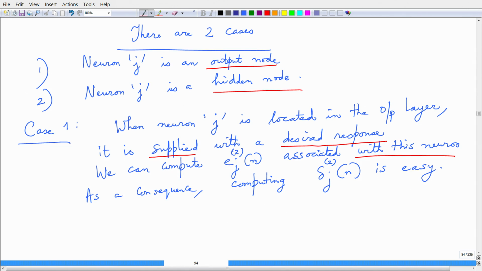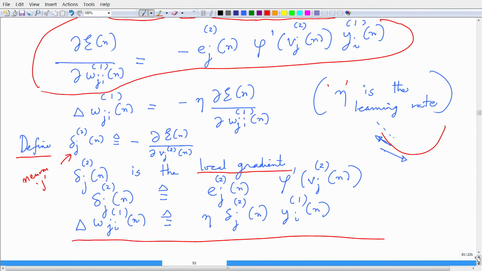For the output layer, computing the local gradient at the neuron j is very easy, because you use this formula that I discussed earlier. You get this because you have the handle to the error, and you know the activation function. We assume the activation function is the same for all the neurons. That is, we do not have a neuron which has one particular activation function and another neuron having another type of activation function.